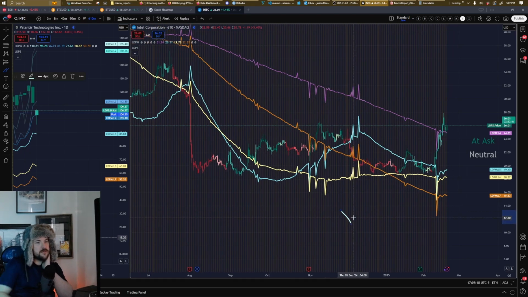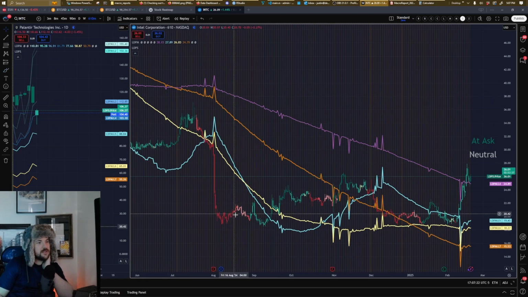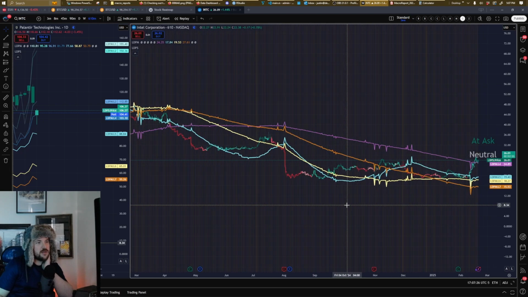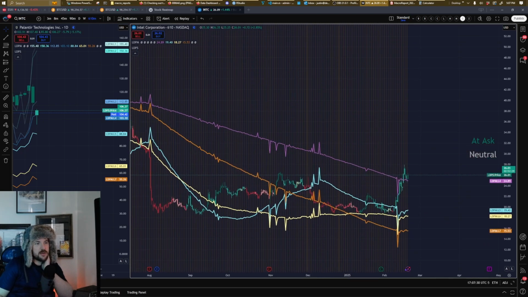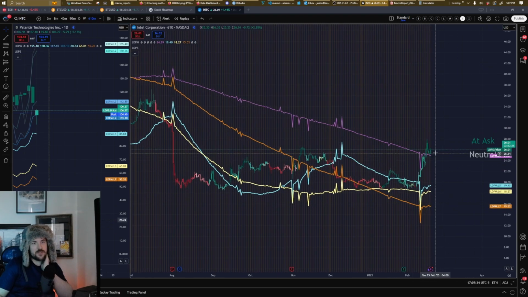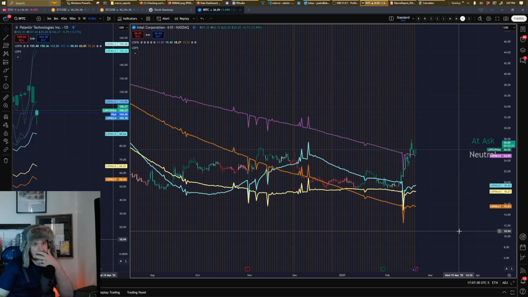So let's see. But look at how wide this liquidity is, compared to all the other stocks we saw. These LDPMs are so super spaced out. Even still, we're testing LDPM 8 at 987.